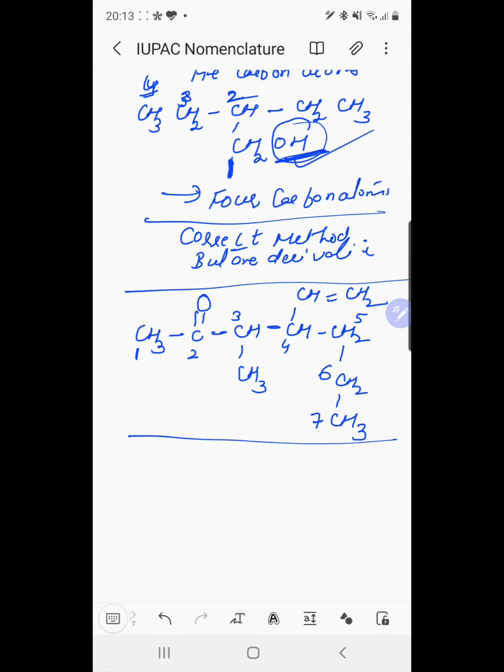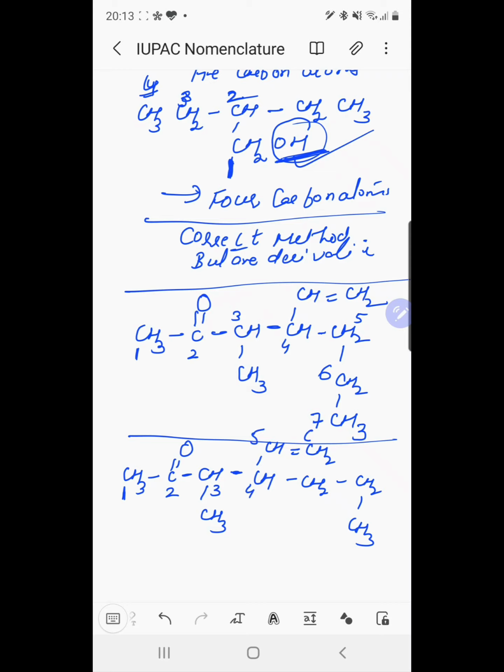So we number the same compound CO CH CH3 like this: 1 2 3 4 5 6 carbon atoms. It also contains a double bond, and this is the functional group, the keto group.